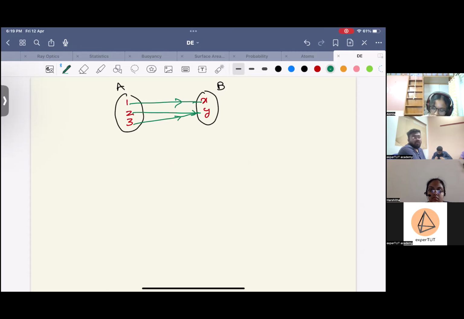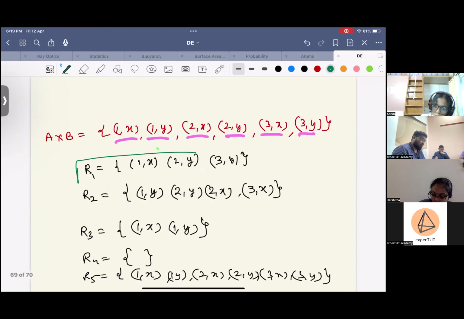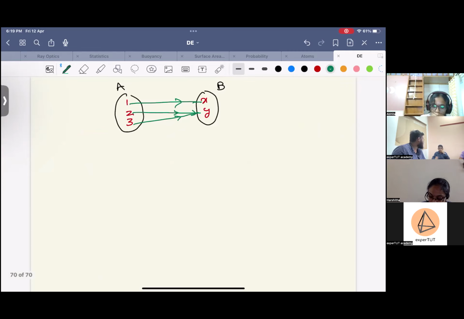Left side should always be A, right side should always be B, and you join only. You have to write all the numbers, whether they are in the relation or not, because if they're in A and B, you have to write them in the circle, okay? Whether they're connected or not, you have to write it. For example, here you can see that all are connected in this case, okay? So this is R1, okay? So R2 I'm also making.